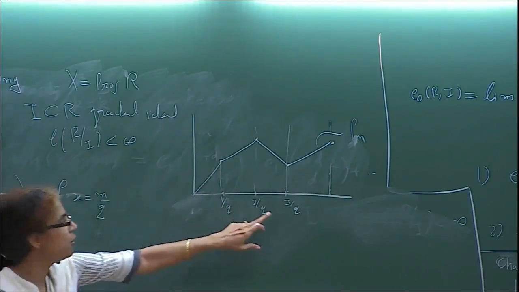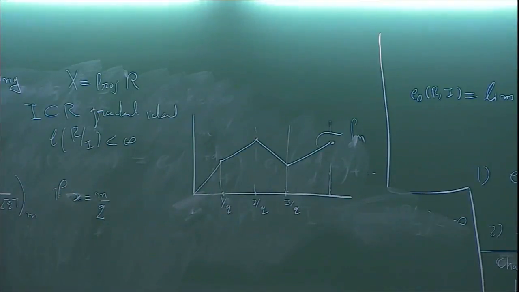So for each 1 over q, 2 over q, 3 over q, I define the map, like it is graded, m over q, the mth piece of the graded ring. R mod I^[q] is a graded ring again, because I is graded. These are graded rings, and you take the length of the mth piece.